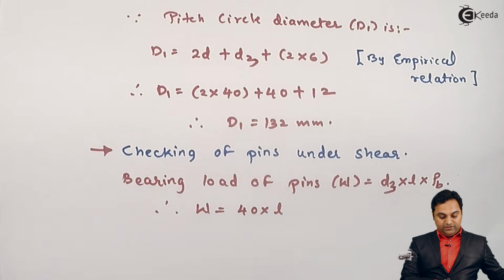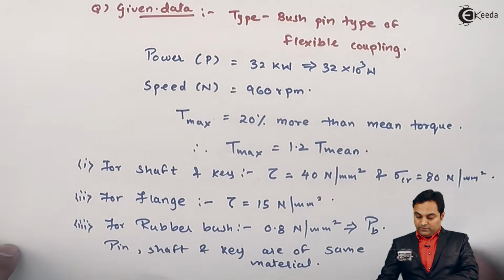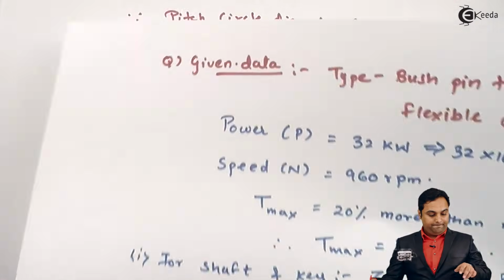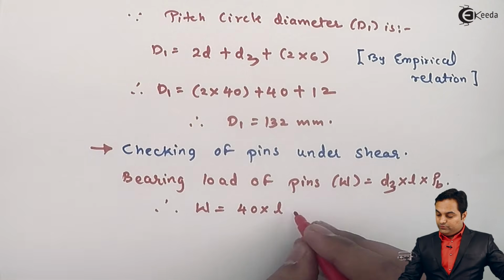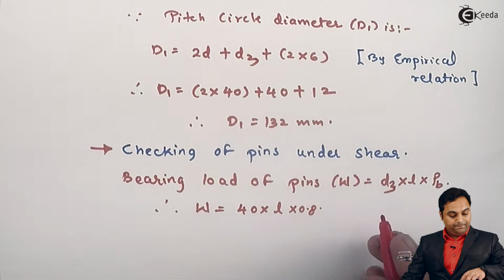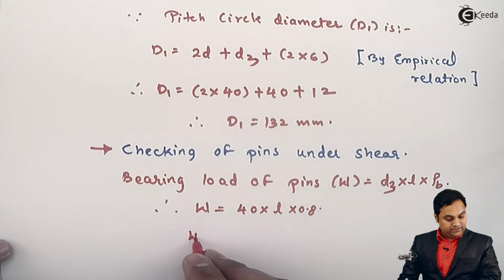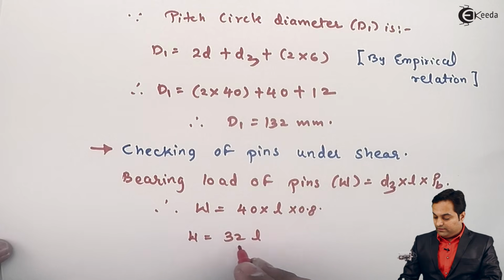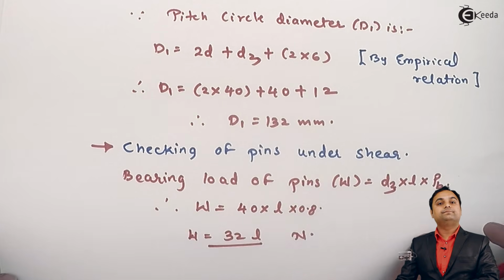Bearing pressure is given in the problem, 0.8, so into 0.8. Finally W comes out to be 32 into L, unit will be Newton.